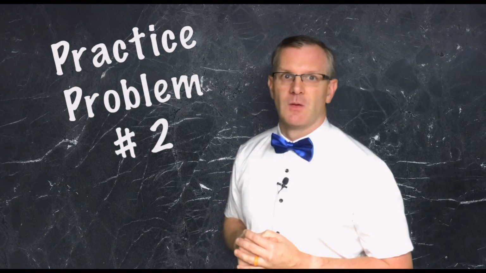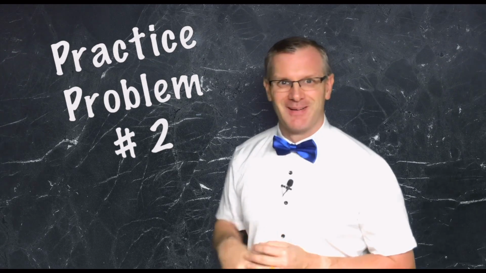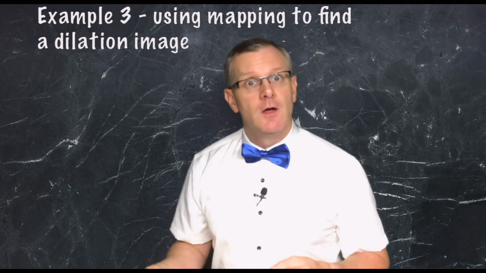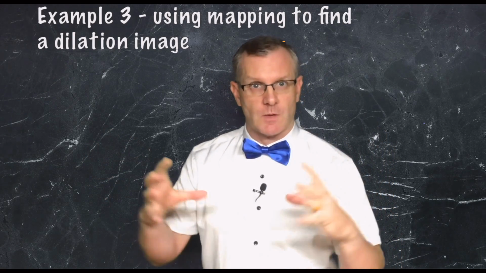Now time for practice problem number 2. Ladies and gentlemen, our last example for today, we're going to be using the mapping again to find our grid coordinates based on a reduction.